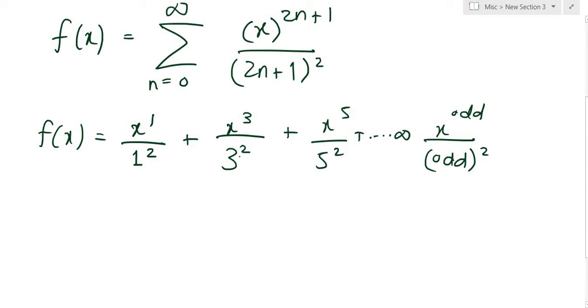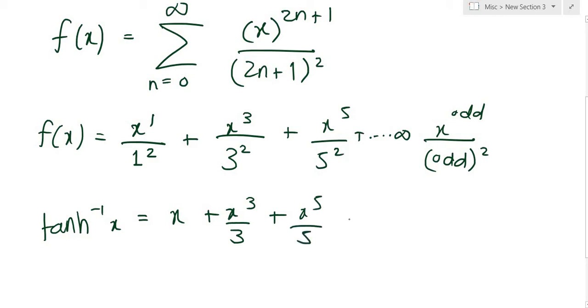Looking at the form of this thing, we might want to refer to our table of Taylor series. And when we do that, the closest Taylor approximation for a function that is closest to this question that we had, f of x, is the hyperbolic inverse tangent of x, because that's x plus x cubed over 3 plus x to the 5 over 5 plus x to the 7th over 7 plus till infinity basically.